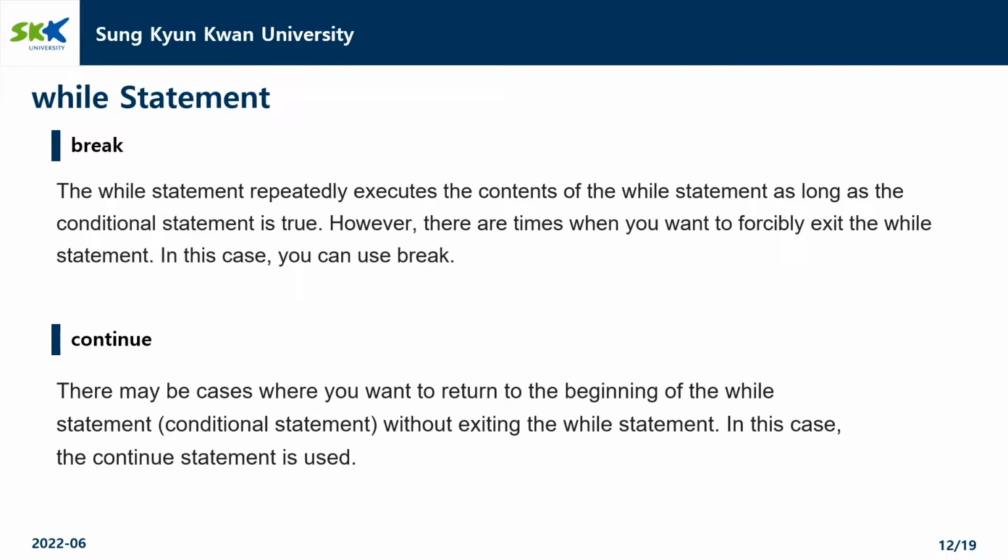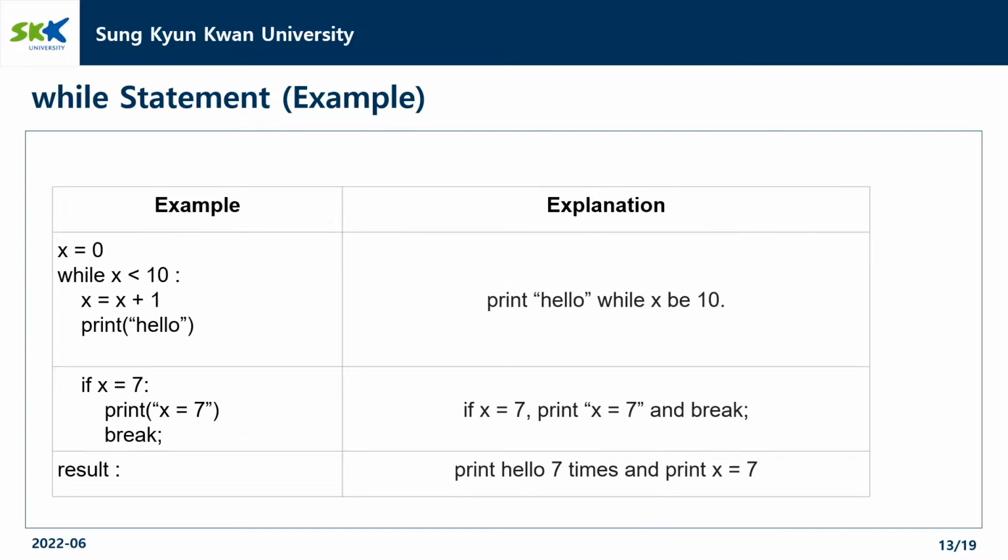However, while programming, there may be cases where you want to return to the beginning of the while statement without exiting it. In this case, you can use the continue statement. Here is an example code. First, 0 is assigned to the variable x to be used in the while loop.